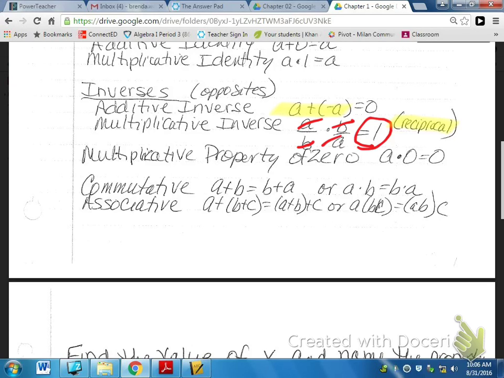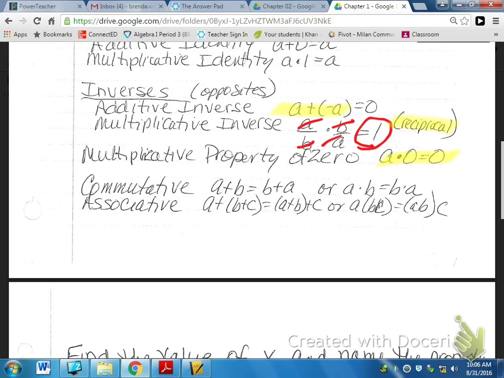All right, the last couple of properties, the multiplicative property of 0, kind of self-explanatory. Anytime you multiply by 0, that's what you're going to get, 0. Commutative property, you've touched on this in the past. Commutative means that you can do the problem in either order and it does not change the value.